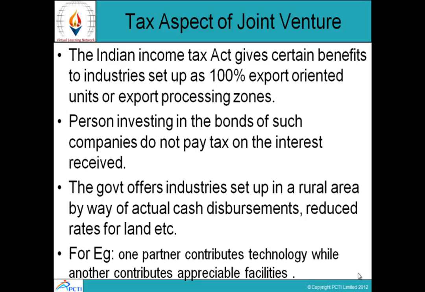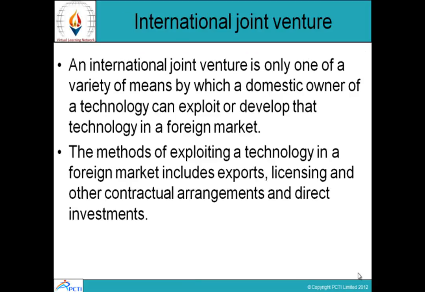In the case of an international joint venture, it is only one of a variety of means by which a domestic owner of a technology can exploit or develop the technology in a foreign market.